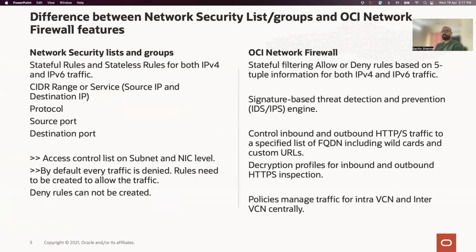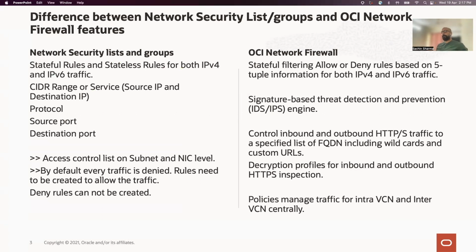This question actually came up in my last session: if we can create stateful rules with network security groups and network security lists, what is the major difference between OCI Network Firewall and network security lists and groups on OCI? Network security lists and groups can be used for stateful rules and stateless rules too, for both IPv4 and IPv6.